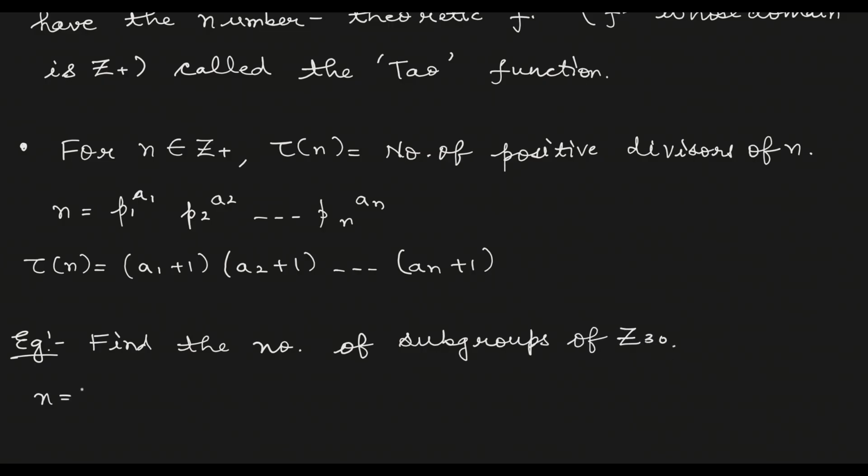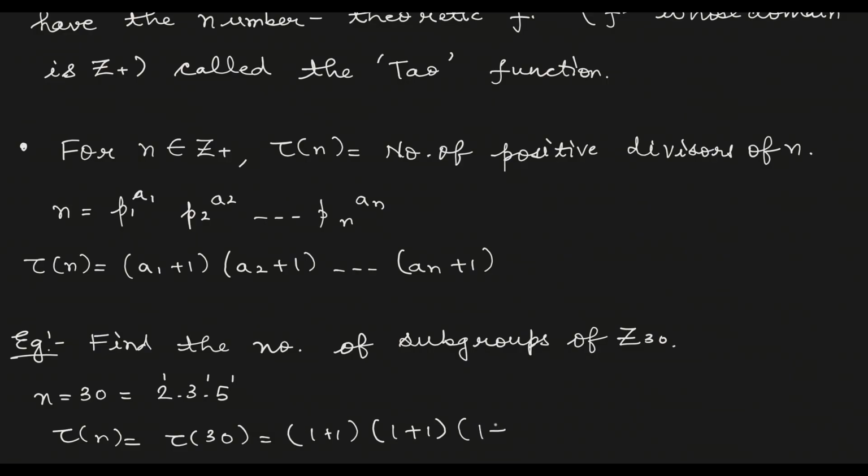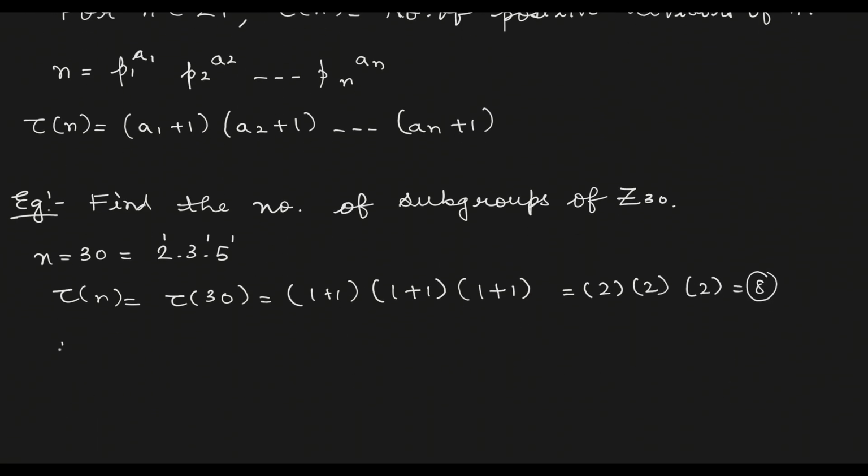So n is 30. The prime factorization will be 2 into 3 into 5. So tau 30 is simply (1 plus 1) into (1 plus 1) into (1 plus 1), which is 2 into 2 into 2, which is 8. Therefore, there are 8 subgroups of Z30.